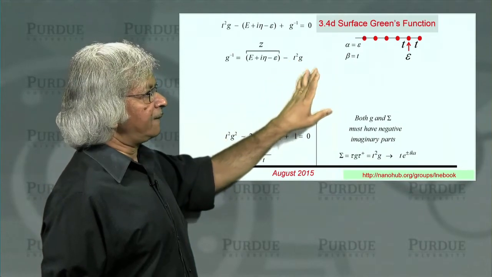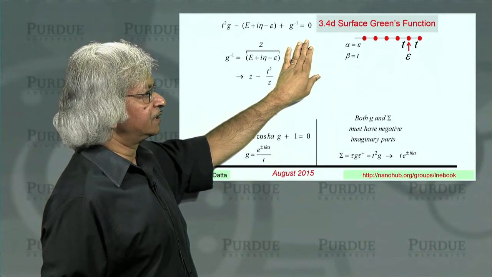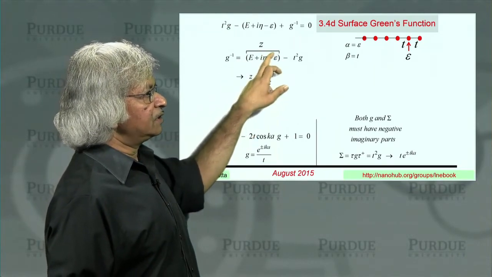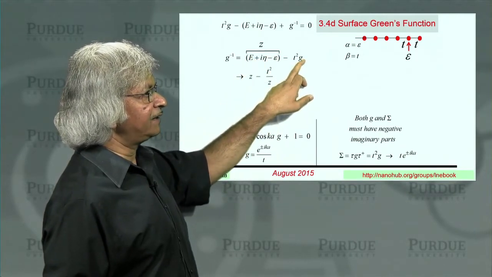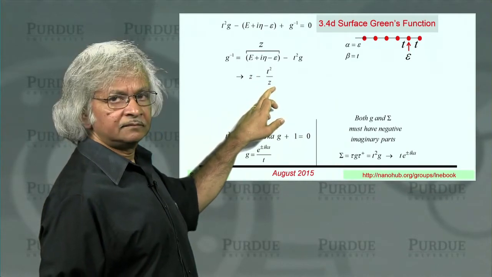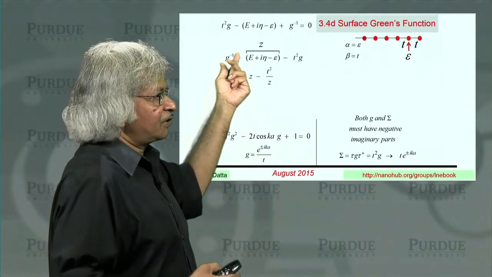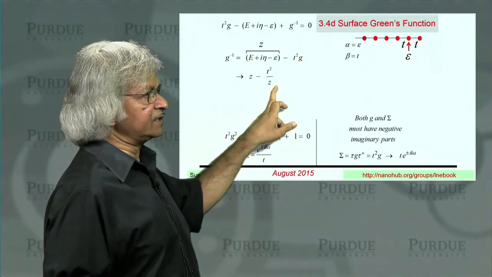And then we say, okay, if you drop this term, we'd have your first guess solution for G, which would be G inverse would be Z. And so if you substitute that back in here, you'd get Z minus t squared over Z. Because, right? So that's like you're saying, well, my first guess for G inverse is Z. So if I put that back in there, I'd get this answer.